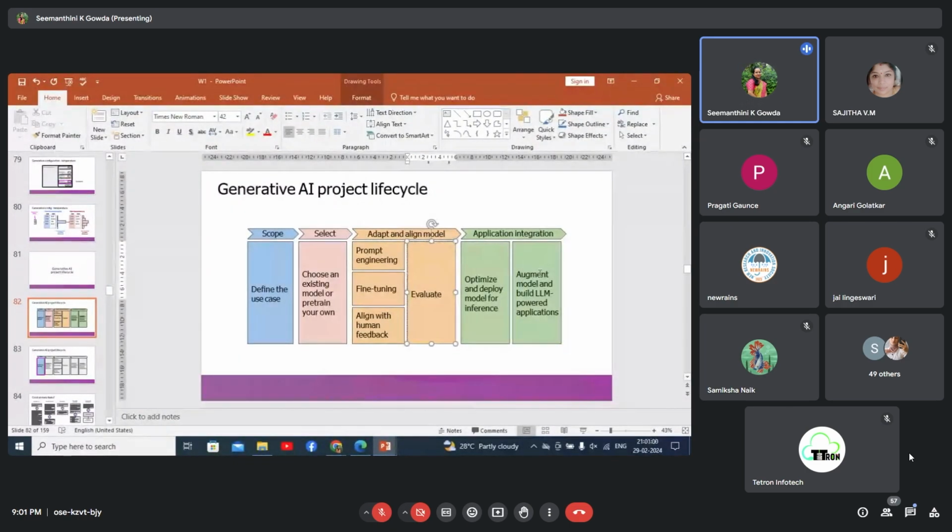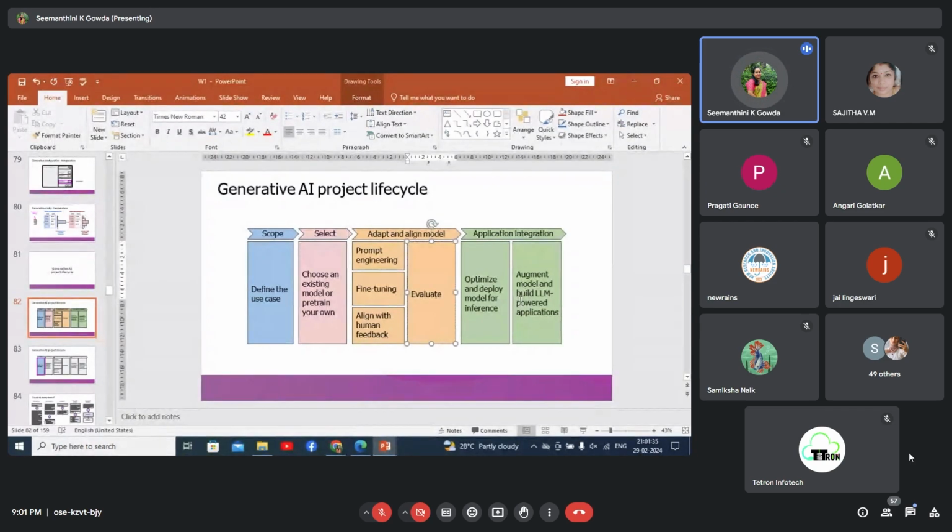And at last, we are going to optimize and augment the data based on the applications we have built here. This is the generative AI project lifecycle, and this is how it works. Initially, we choose the scope. Based on the scope, we choose the existing model and take the prompts, which are the inputs, evaluate, take the human feedback, fine tune it, perform this operation repeatedly, and optimize and deploy for the required application.